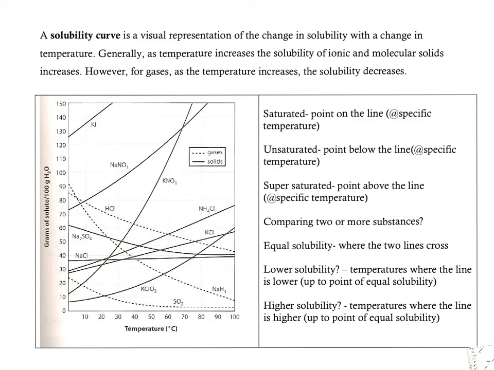So it's supersaturated. So some questions will be, at this temperature, if you dissolve this amount of solid, is it saturated, supersaturated, or unsaturated? So you just go up the temperature to the line and see where your value lies, above, below, or right on the line.